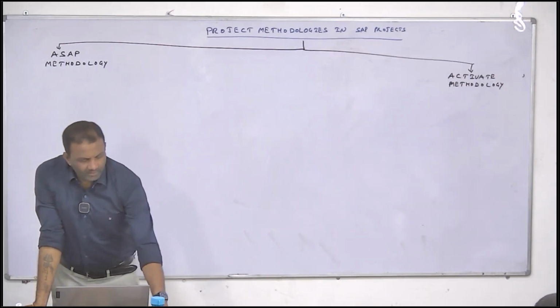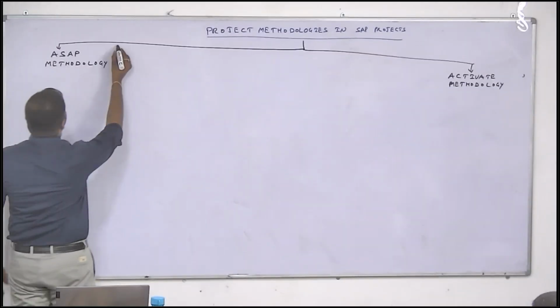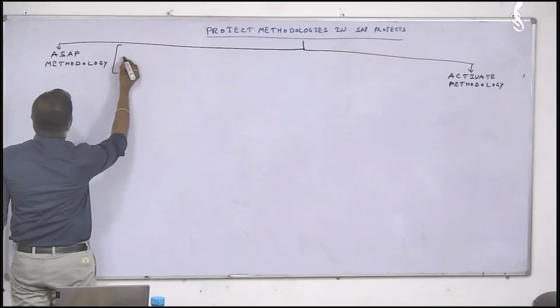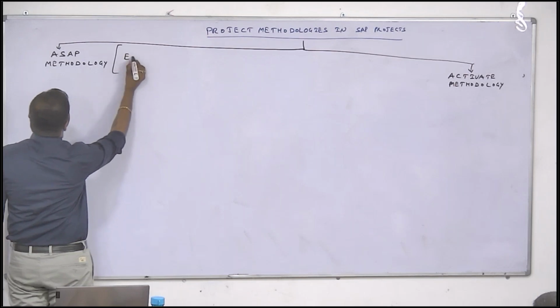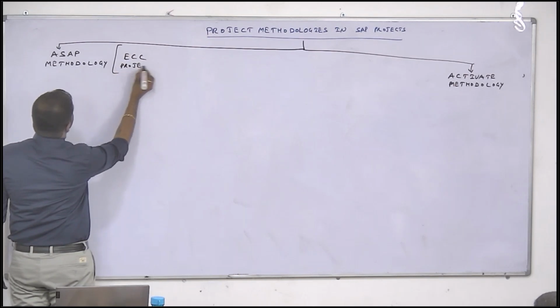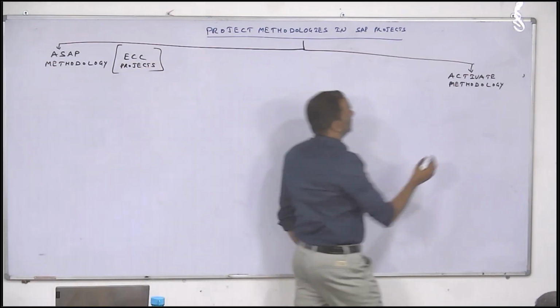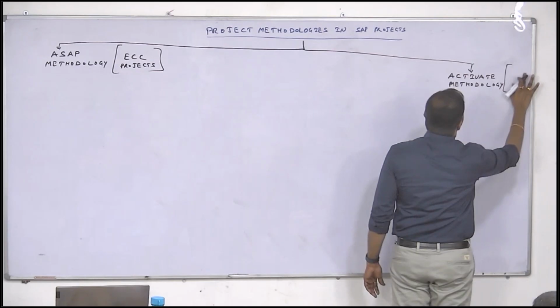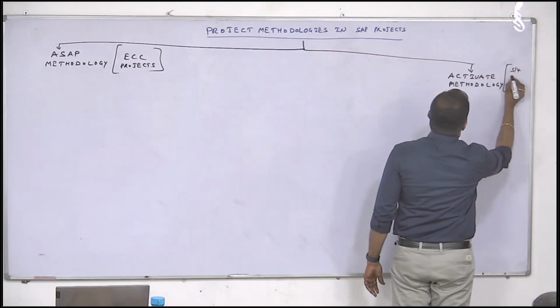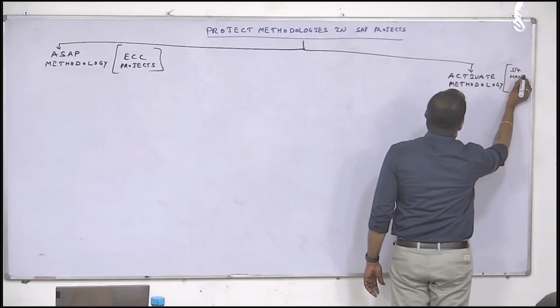Anyone can use either of these two, but normally people use the SAP methodology for ECC, and Activate is for S4HANA.